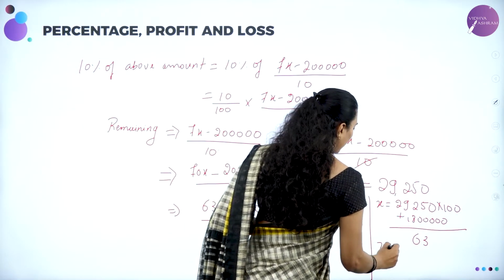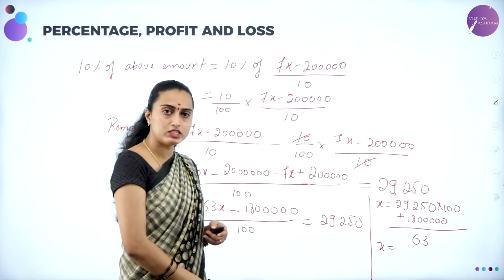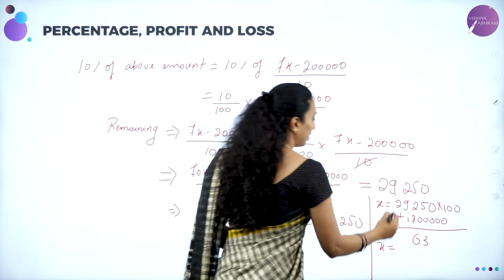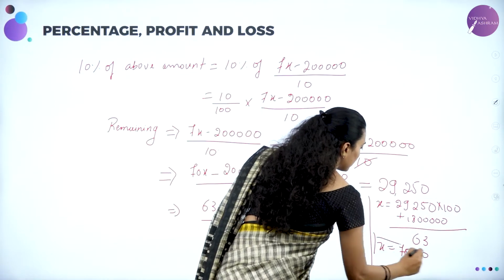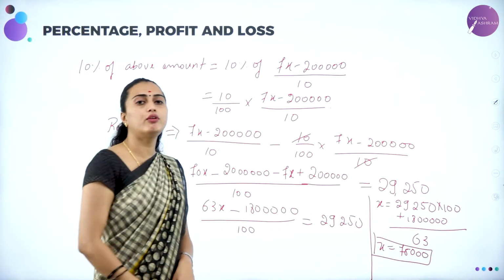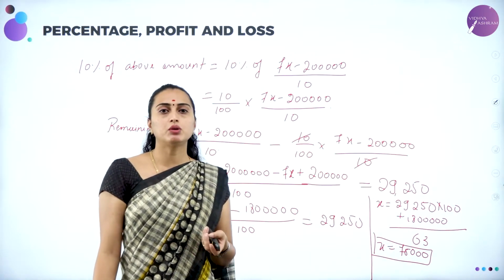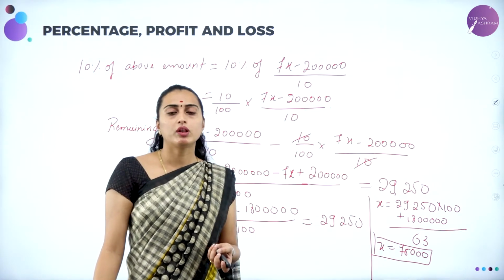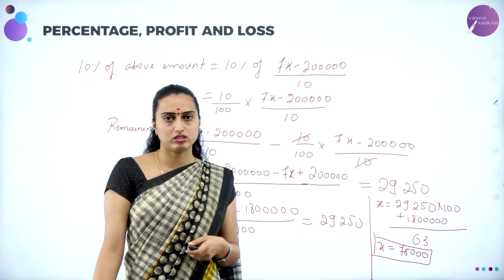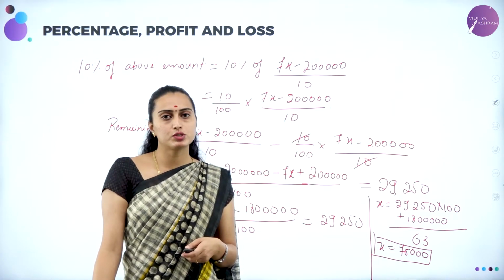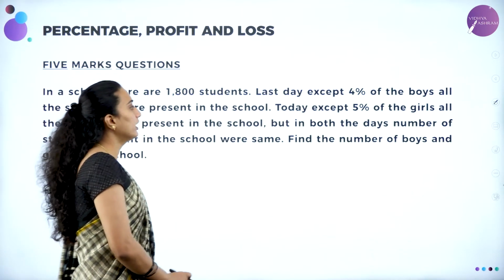So x, after calculation, you are going to get 75,000. So this is your answer. Therefore his original wealth will be equal to 75,000 rupees. Understood? I hope you understood this problem. So we'll move on to the next question, dears.